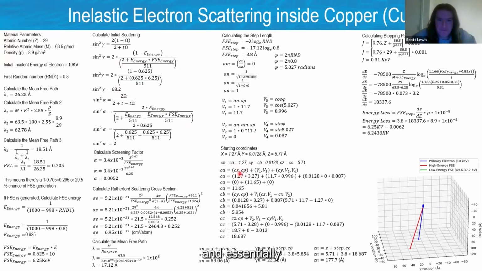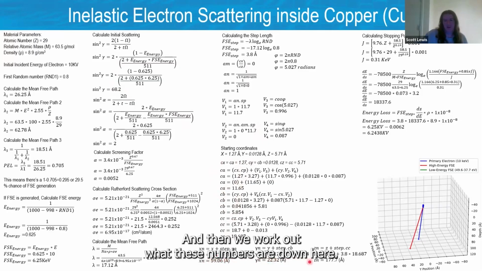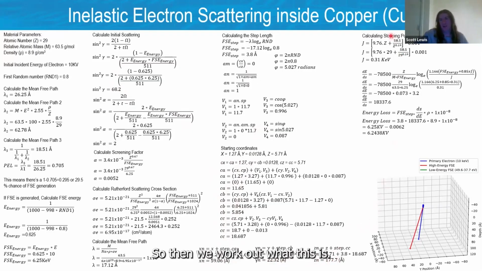And essentially, we work out what our scattering CC, CA, and CB is the same. And then we work out what these numbers are down here. So these are a lot bigger because the energy is a lot smaller. So then we work out what this is. This is not going to be too much of a change.